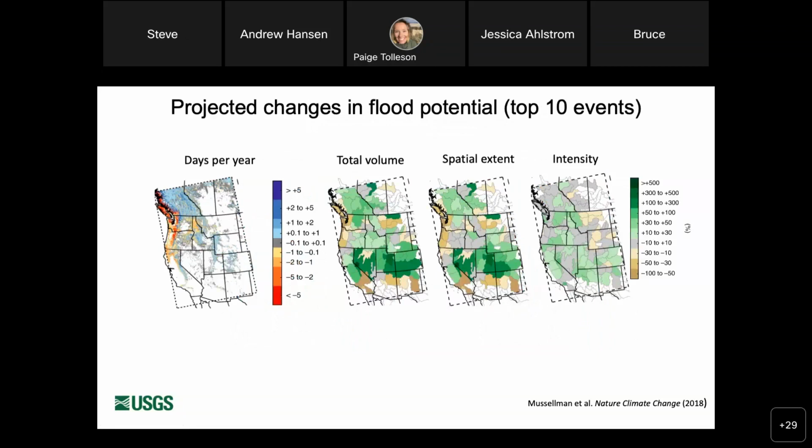So also in this study, they did a really nice summary of the potential changes in flood potential. They scored the top 10 events in magnitude in the West and looked at the statistics of those. And on the left is the change in days per year that these flood generating events might happen.